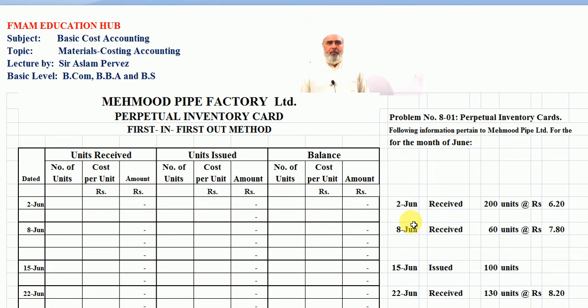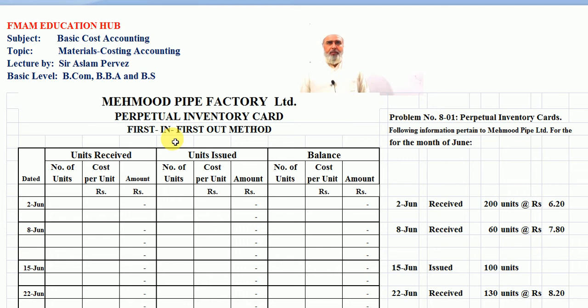Student, what is FIFO method? FIFO method means first in, first out. Student, the principle as to flow of cost followed by first in, first out method is clearly presented by its name. The method assumes the first cost received in stores is the first cost that goes out from store.